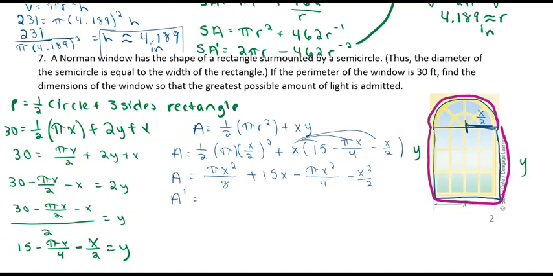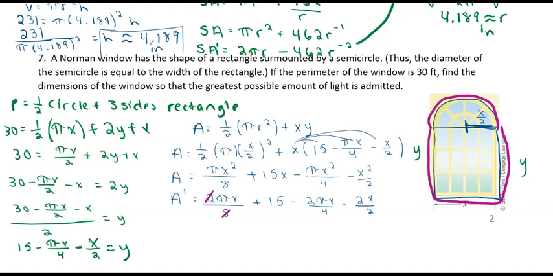So our derivative would look like, bring down your power, so 2 pi x over 8, and then plus derivative of 15x is just 15. Then bring down your power, so 2 pi x over 4. Bring down your power, 2x over 2. Now there's a lot here I can simplify.